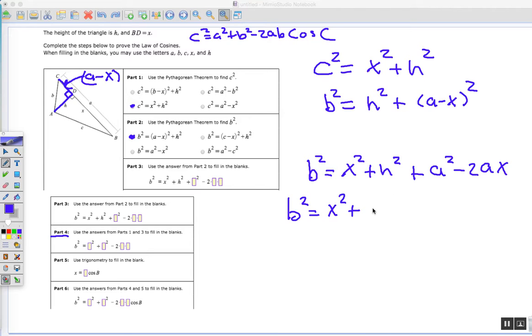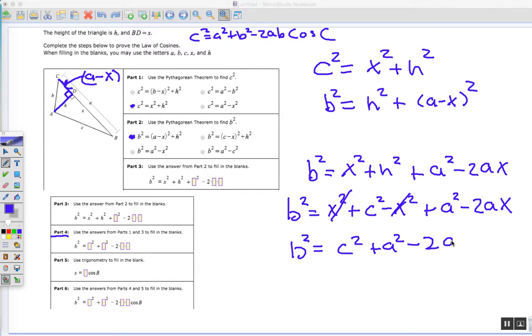So for h squared, I'm going to plug in c squared minus x squared. Okay, well, here you can see that you have an x squared and a negative x squared. So that gives us b squared equals c squared plus a squared minus 2ax.